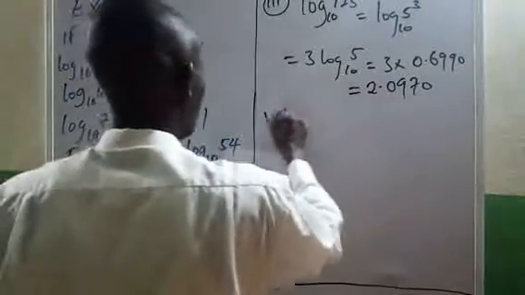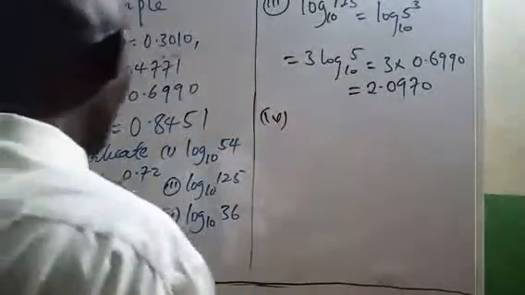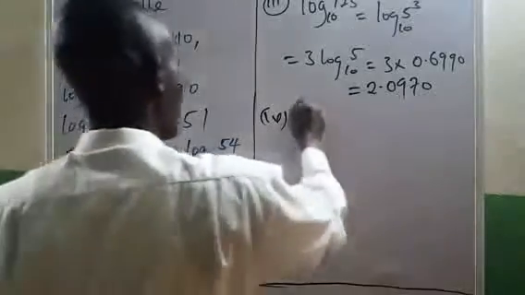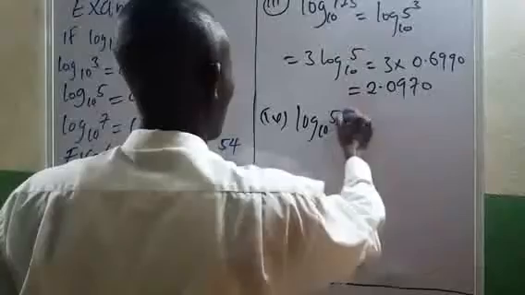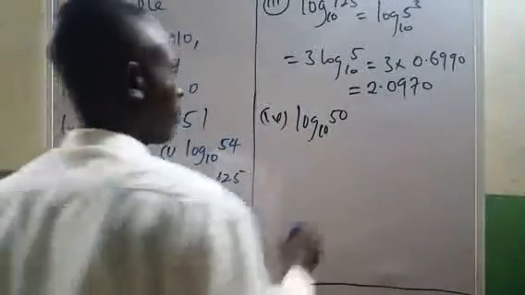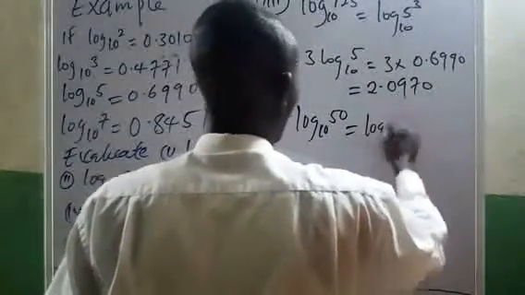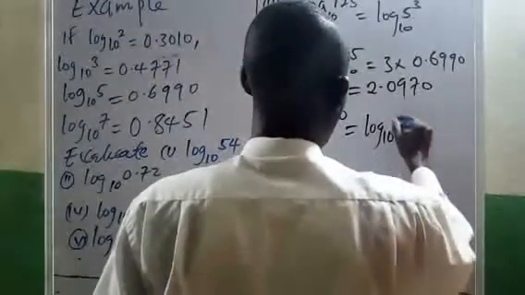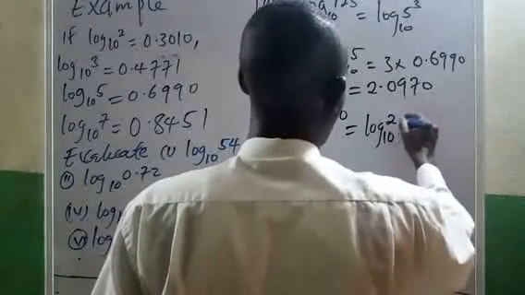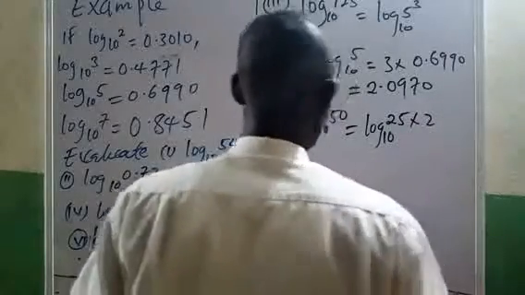Therefore, you have log 10 of 50. This is log base 10 of 25 times 2.